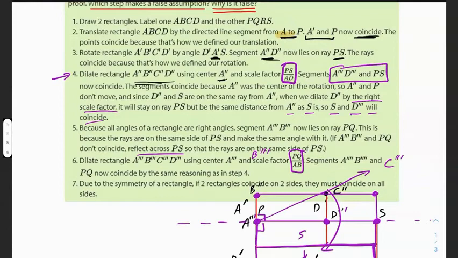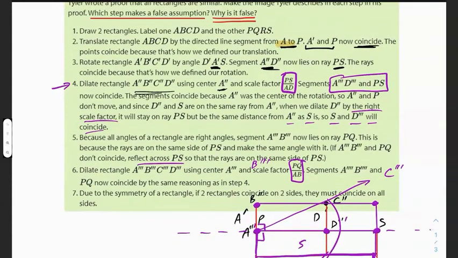So it looks like in step 4, when he dilates, he only dilates one side. He dilates horizontally.